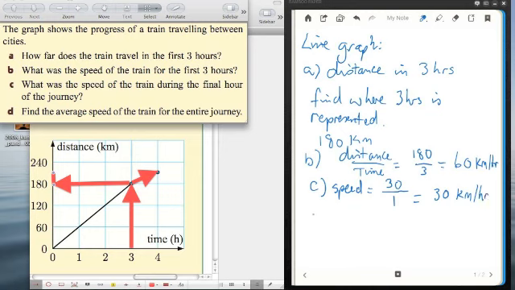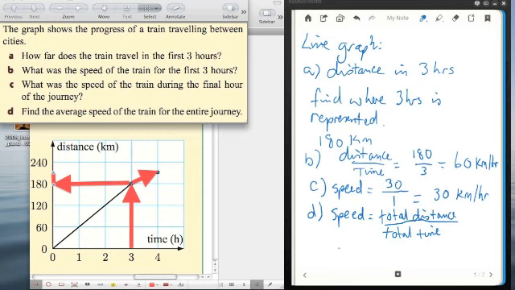Now, the last bit tells us to find the average speed of the train for the entire journey. The total distance and the total time we need. So the speed is equal to the total distance divided by the total time.